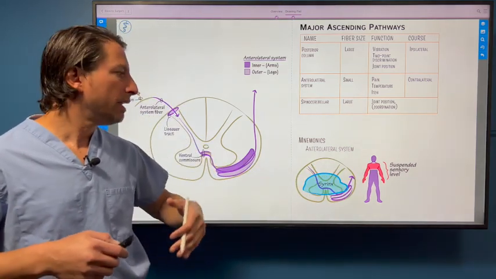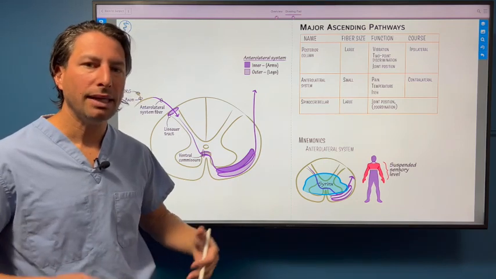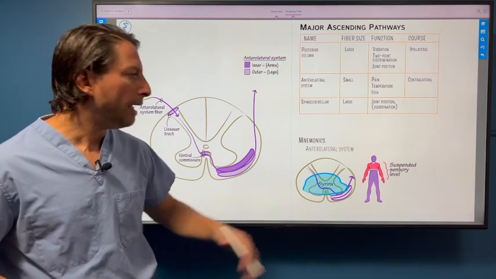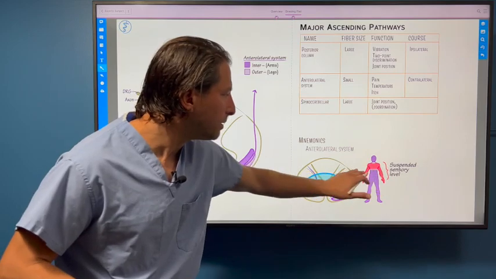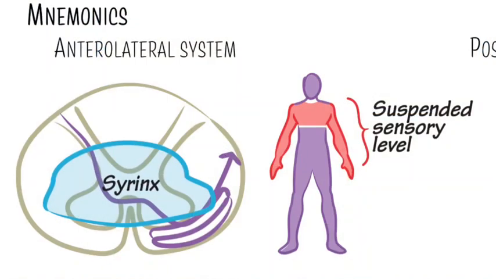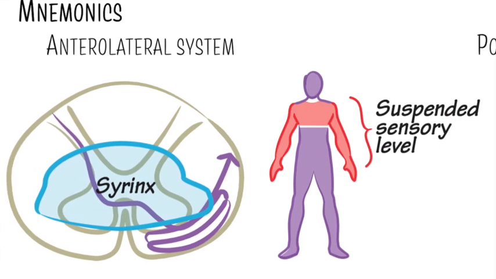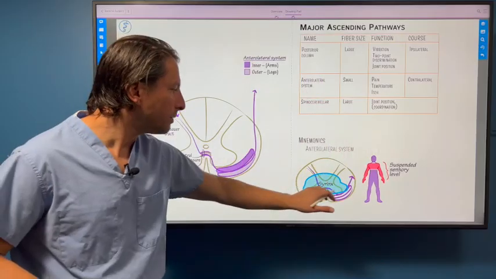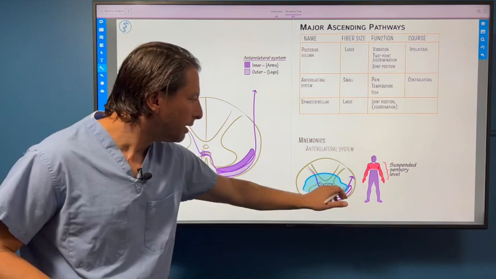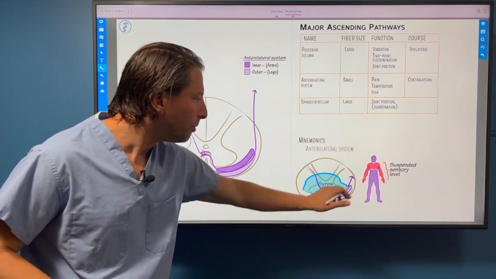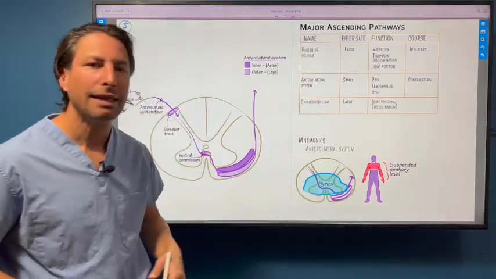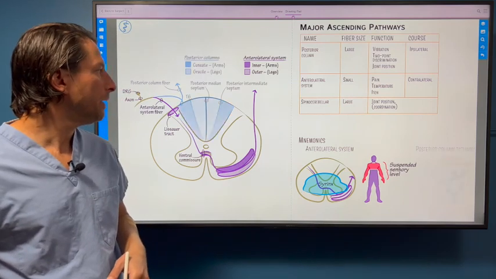So if there's abnormality in pain, temperature, sensation, and it's in this cape-like distribution across the chest, just affecting the arms and the chest here, we think about a syrinx, we think about this region right here, because it's growing outward and impacting the arms first in this cape-like distribution.